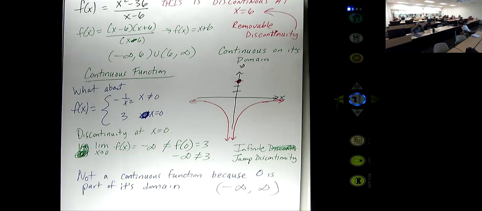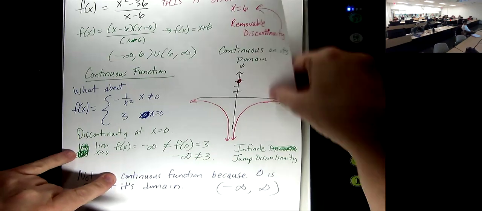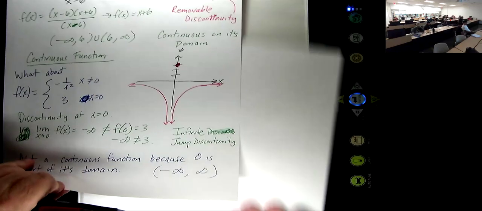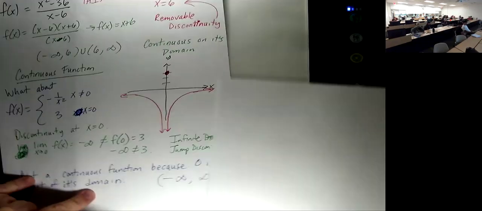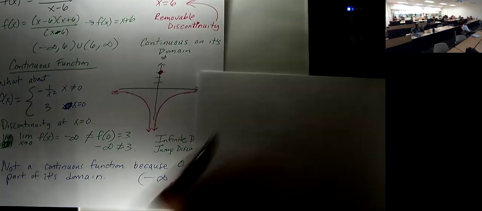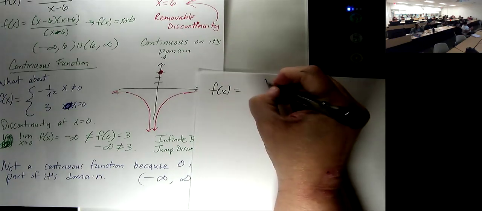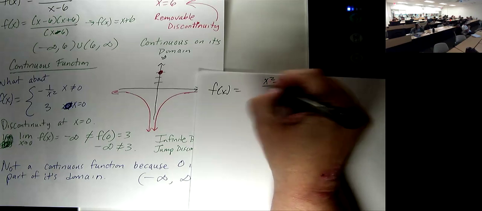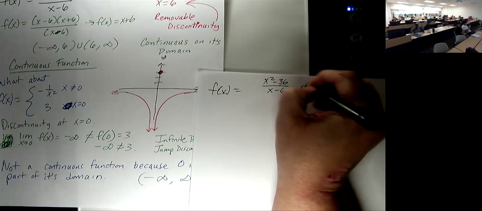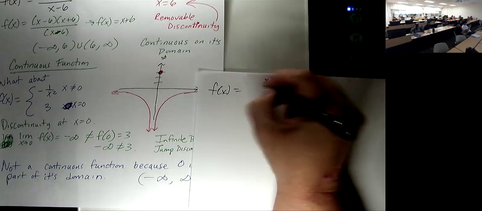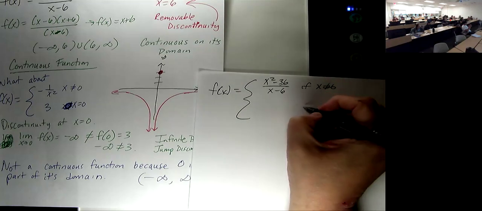Like if I had done, we're going to do another one later on, but I'm going to hit that x squared minus 36 again, the one we just did up there. If I instead had made that one up there f of x equals x squared minus 36 over x minus 6 if x does not equal 6, or it equals 12 if x equals 6.